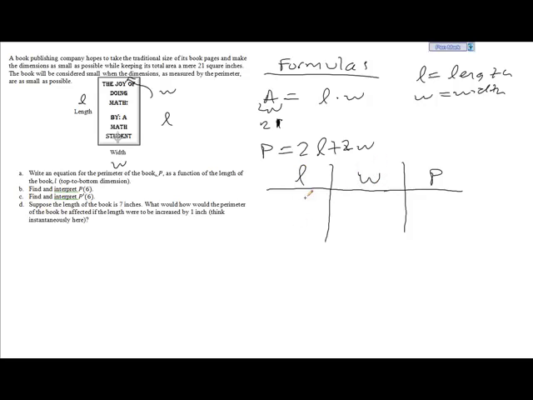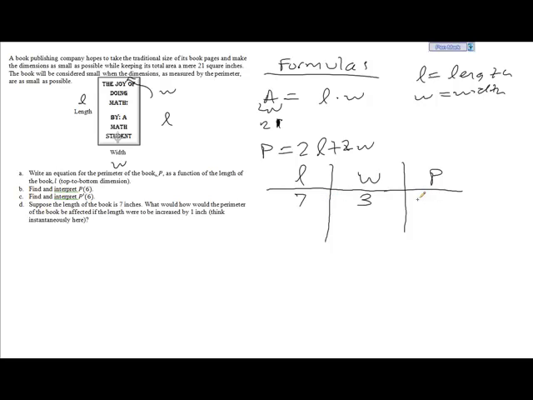And if the length of the book is, say, 7 inches, then the width has to be 3 inches. Because keep in mind that 7 times 3 is 21, and 21 square inches is the area of each page of the book, and that's what it must be.